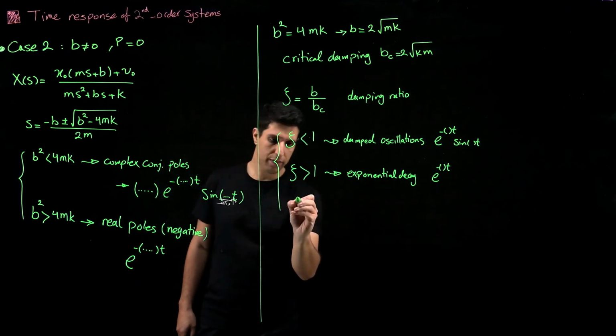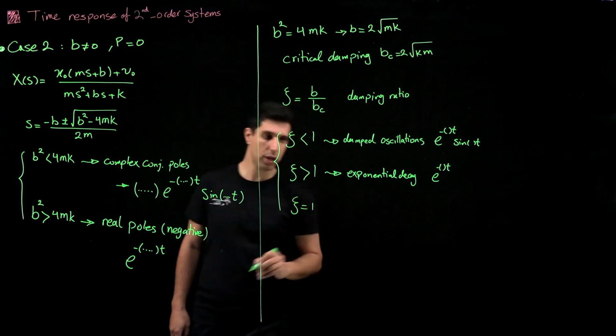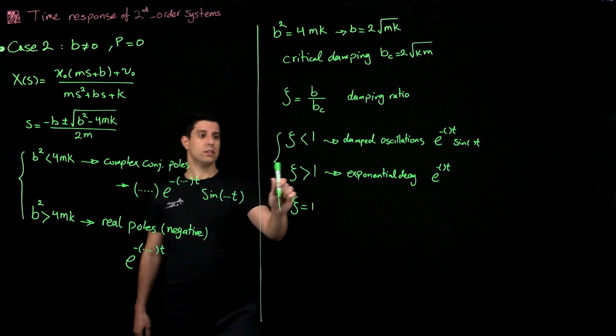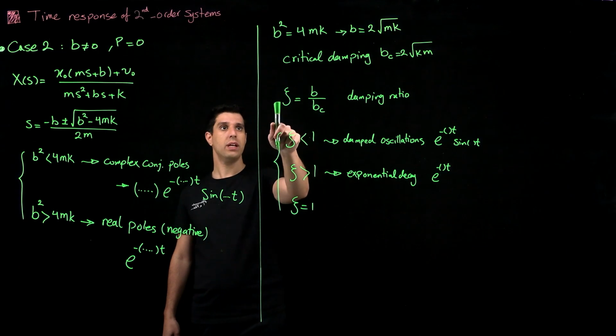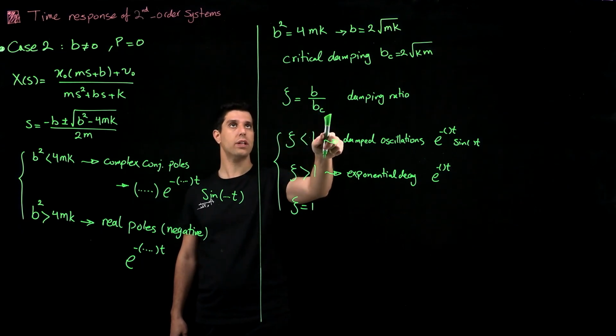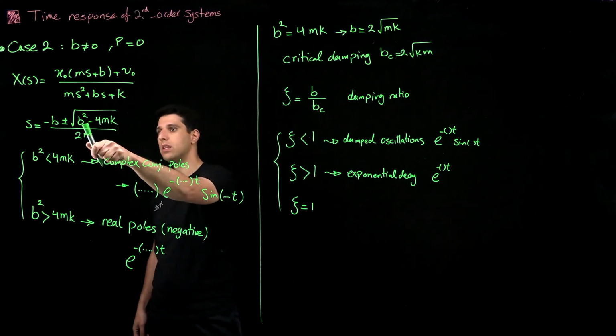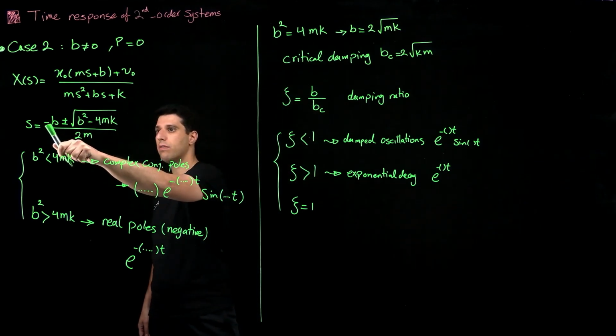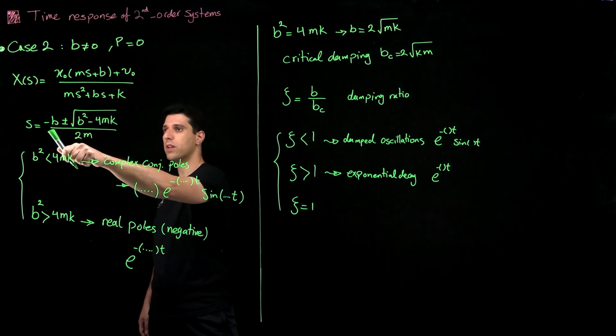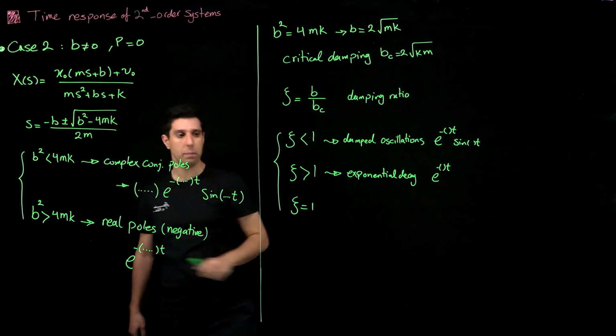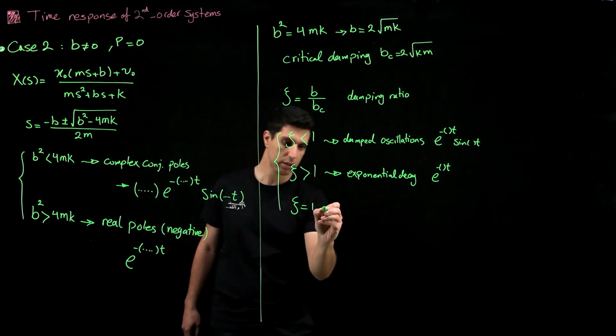And if I have z equals 1, meaning that b equals b critical, meaning that b squared equals 4km, meaning that this is 0, and I will have two poles, both of them at minus b over 2m, so I'll have repeated poles.